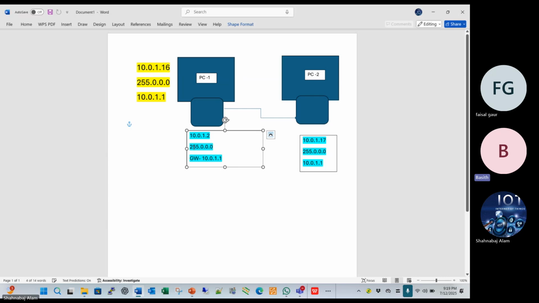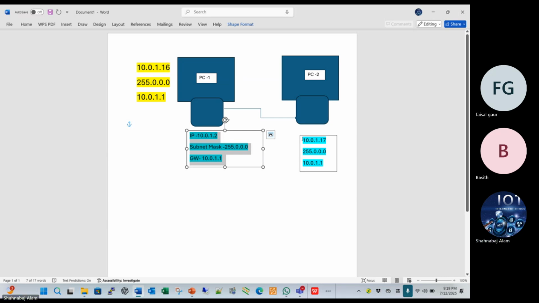Okay, can you explain about the gateway? Is that the network or something? This is the IP address, this is the subnet mask. You understand?